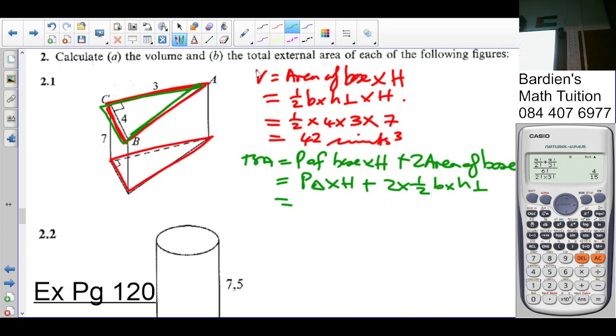So I need to calculate AB. AB squared is equal to 3 squared plus 4 squared. 3 squared is 9, plus 4 squared is 16. 9 plus 16 is 25. The square root thereof, we can answer 5.